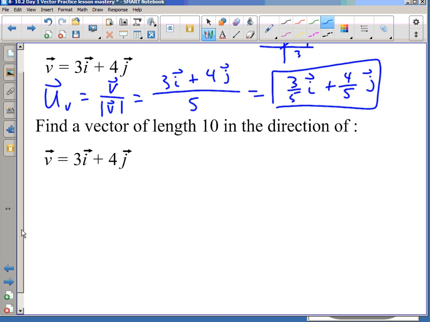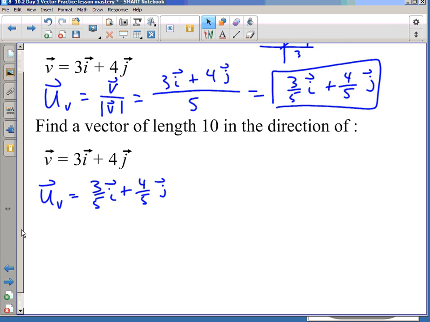Now, since we have a unit vector, we can take the vector 3i plus 4j, broken back, it is now a unit vector of 3/5 i plus 4/5 j. And if we want a value of 10 for that magnitude, 1 is a nice number to work with. 10 times 1 will give us a total length of 10.